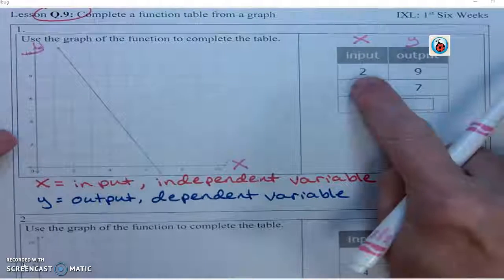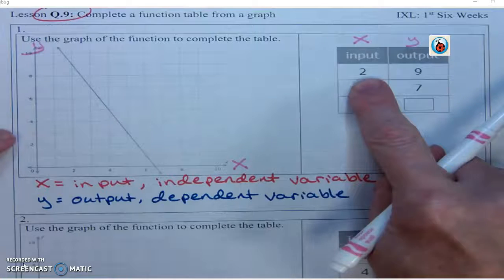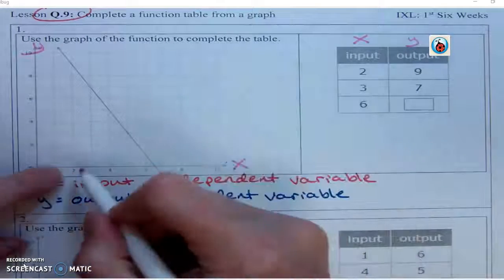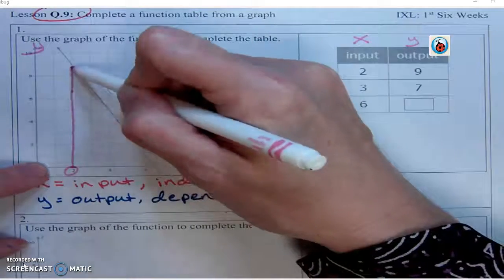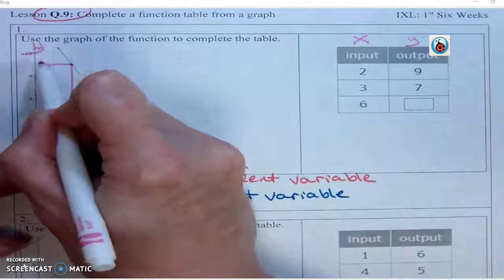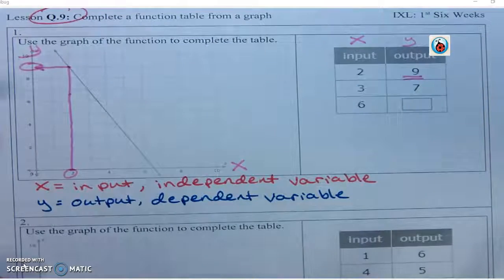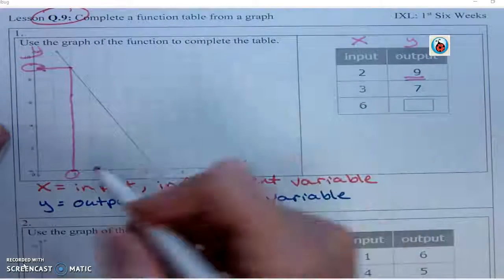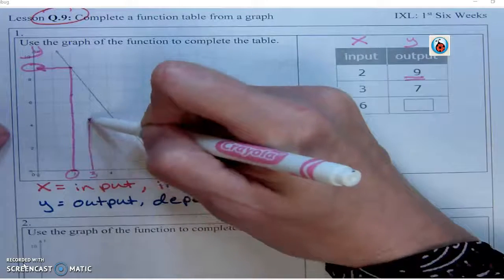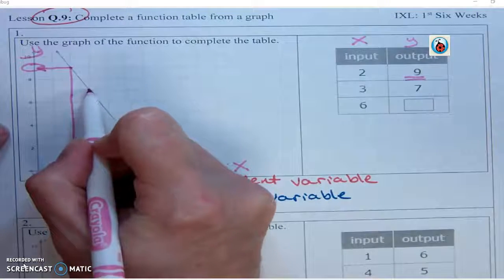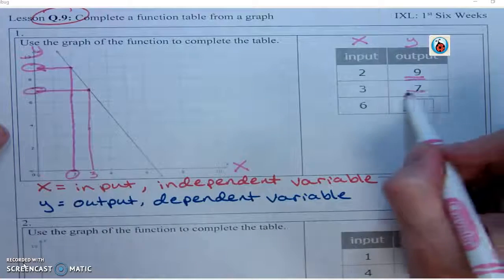So we can see here that if the input or the X has a value of 2, then its output is 9. And we see that in the graph. That's very clear. If we have an input of 3, we draw up to our line on the graph, make a hard left over to the y-axis. We find the output is 7.